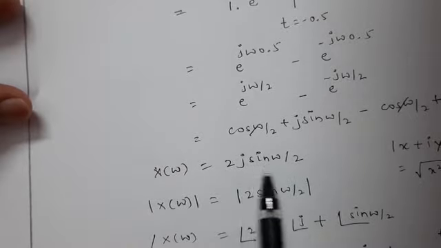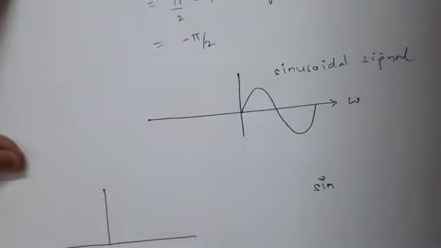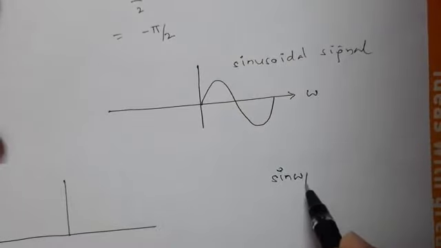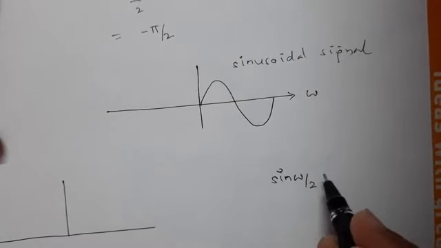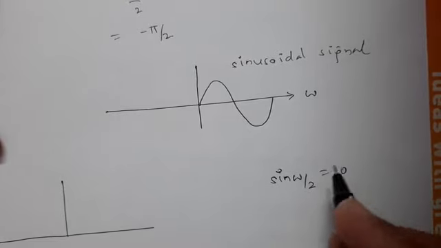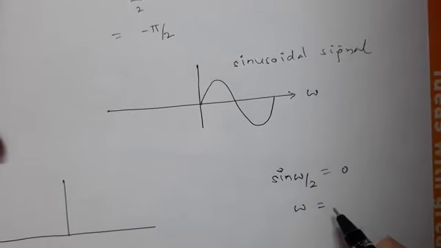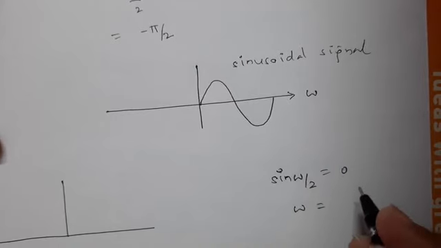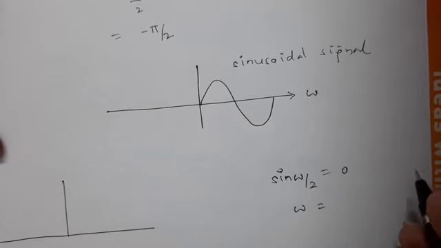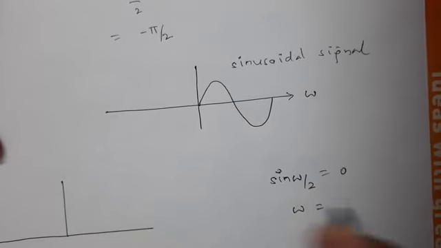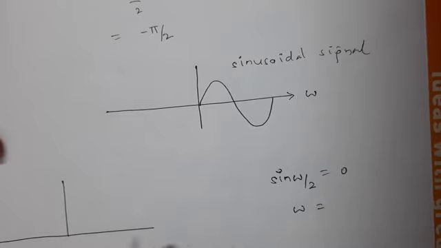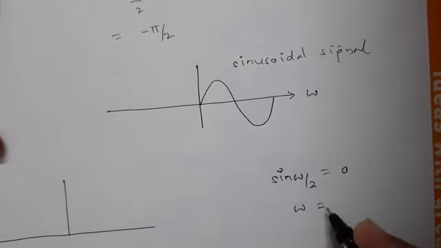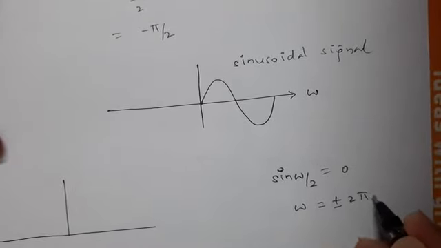So the zero crossing of sine omega by 2 can be found by equating this to 0, or omega equal to sine inverse of 0. Sine inverse of 0 is pi times an integer m, then by 2, which is plus or minus 2 pi m.